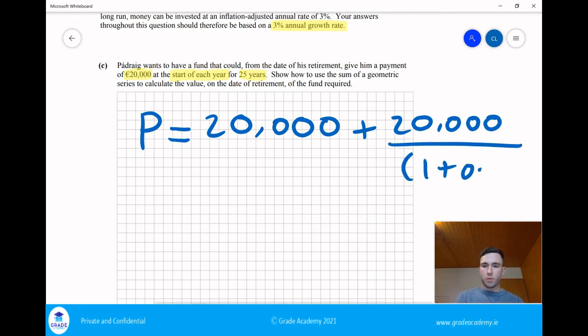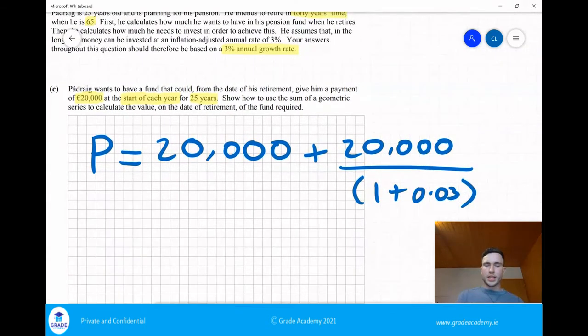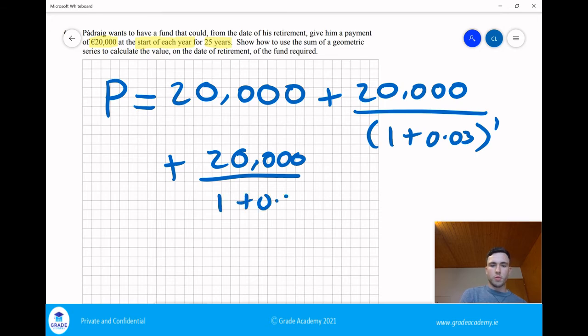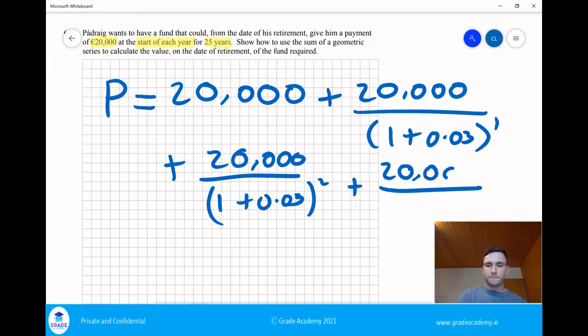So i is 0.03, and t: this has been sitting there for 1 year, so t is going to be 1. And then we're going to have plus 20,000 all over 1 plus 0.03 to the power 2. And this is going to go all the way up until 20,000.